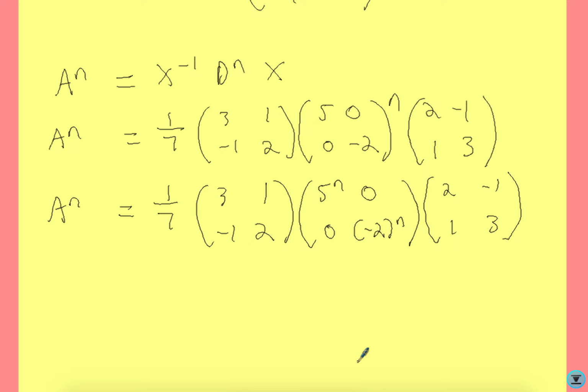Right, now, what I'm going to do is multiply together these two matrices at the end. And remember, matrix multiplication means you multiply the row by the column, the row by the column, the row by the column, the row by the column. And that's a 2 by 2 and a 2 by 2.